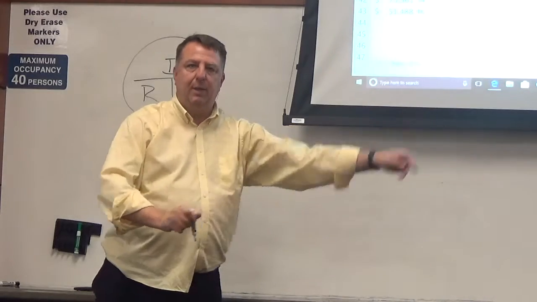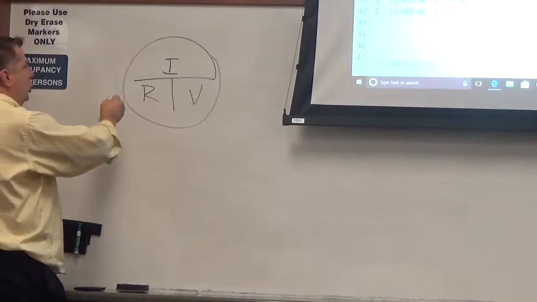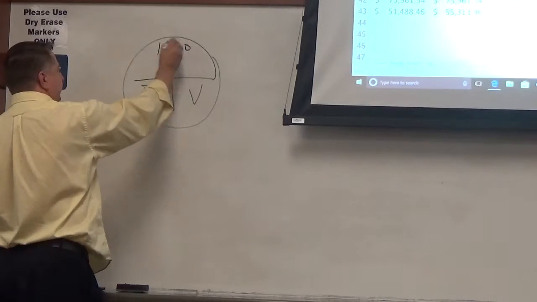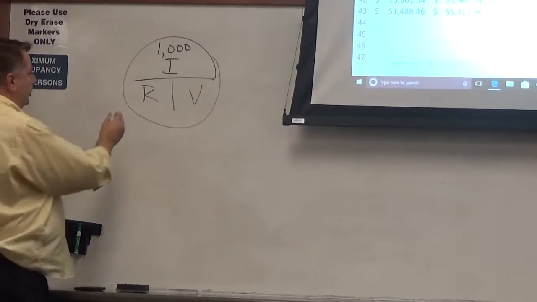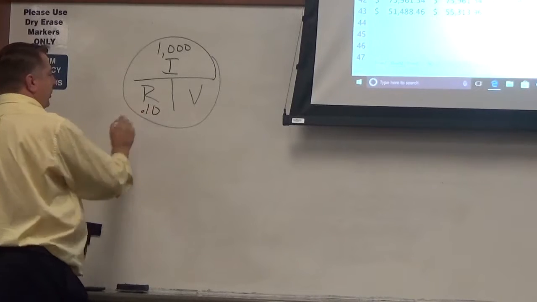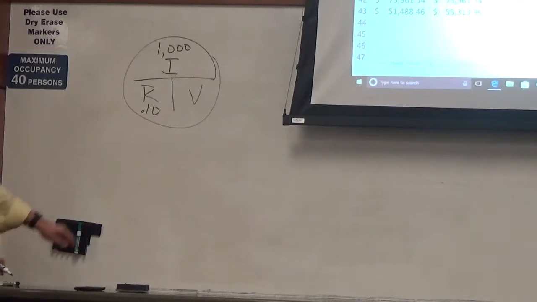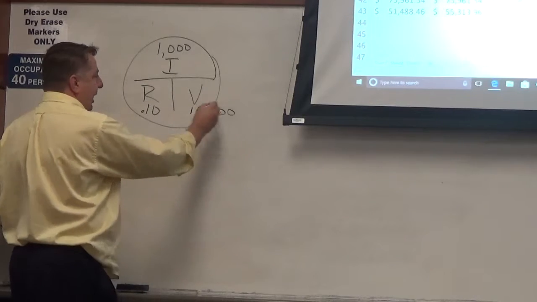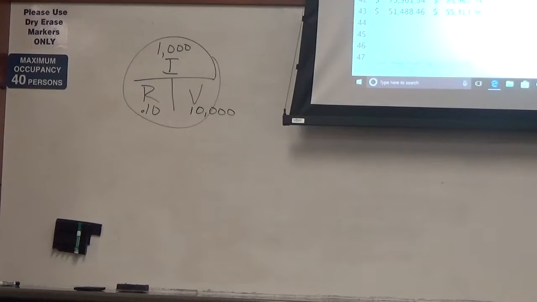Does that make sense? So in other words, let me make sure this is super clear. Let's say that this is $1,000, and we're generating a 10% cap rate or rate of return on this property. That means the value of this to us is $10,000. Now let me walk us through the logic.